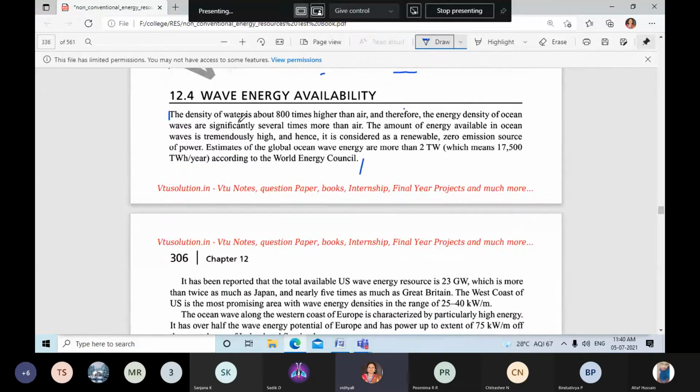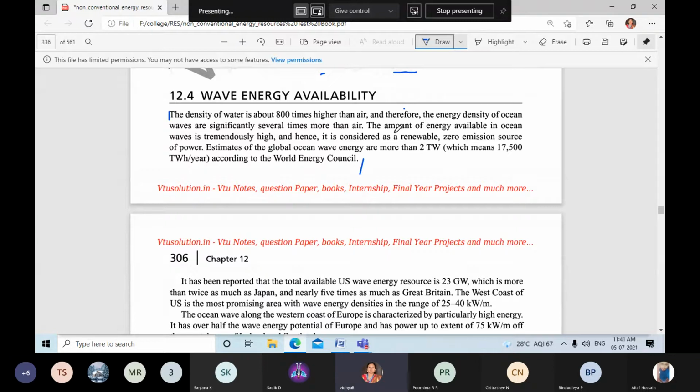Here the density of water is about 800 times higher than air, and therefore the energy density of the ocean waves is significantly, several times, more than air.